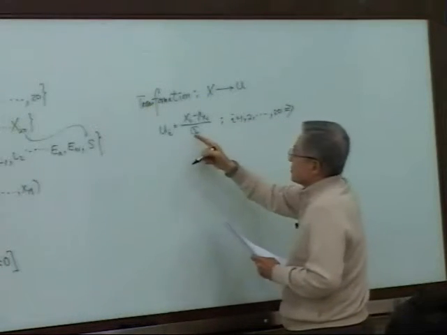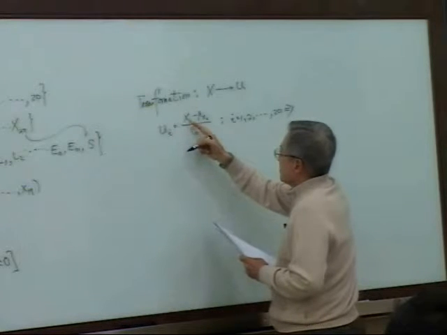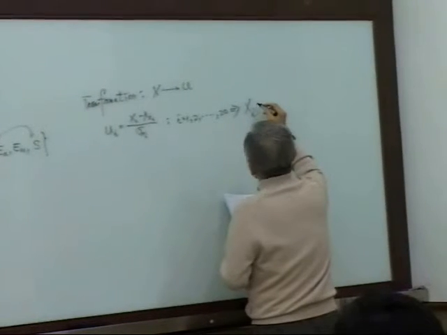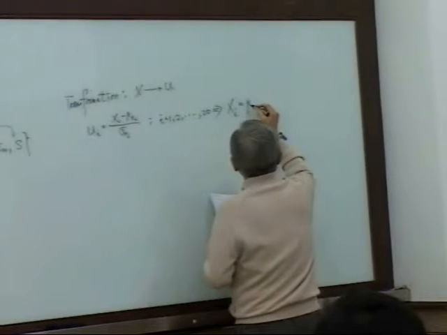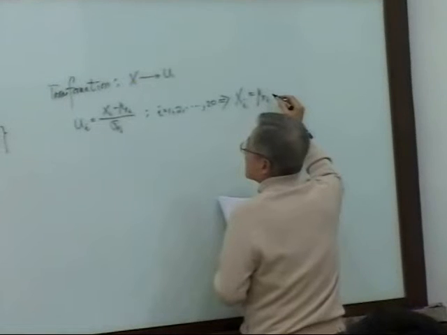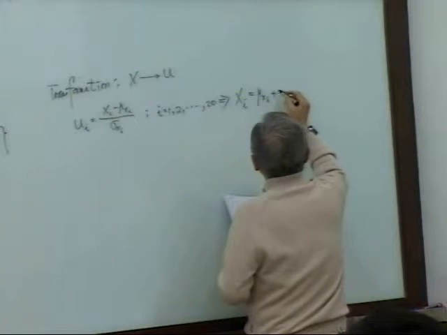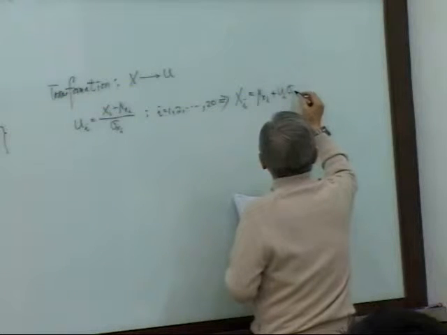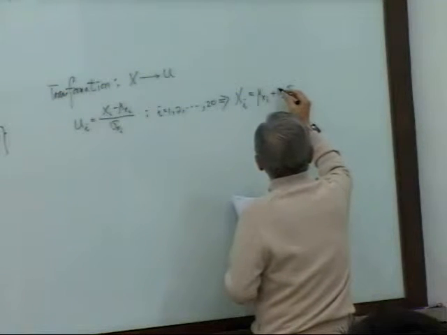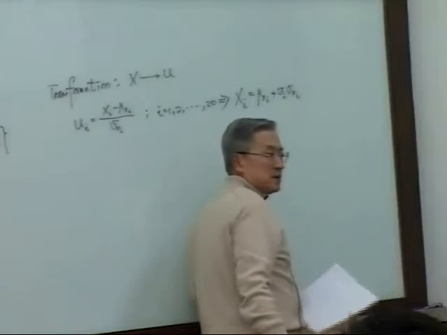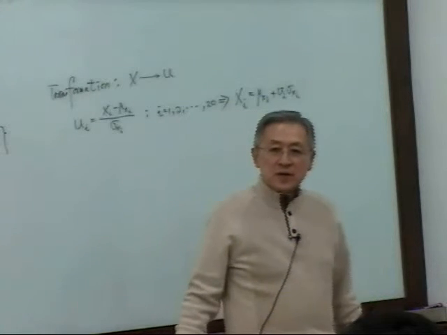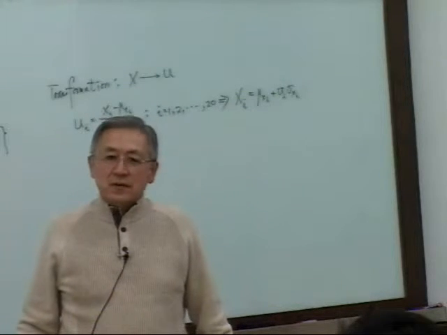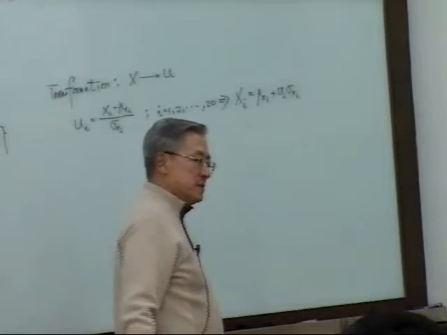When you do this, you can just multiply this out, then pull this xi out. So I can say xi is equal to mu xi plus sigma xi times ui. Here u is random, so you have 20 random variables in the u space.